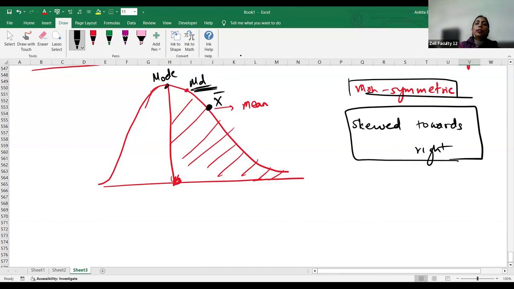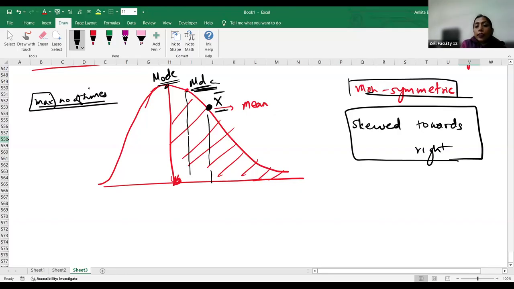Median is a centric value which is not affected by extreme observations. Mode is the number which occurs the maximum number of times. So this is mean, median, and mode.